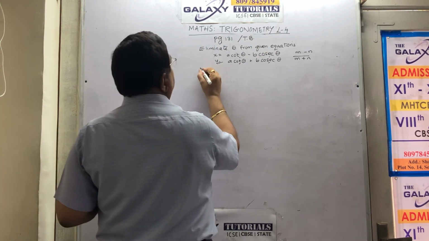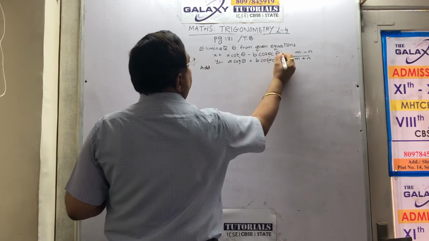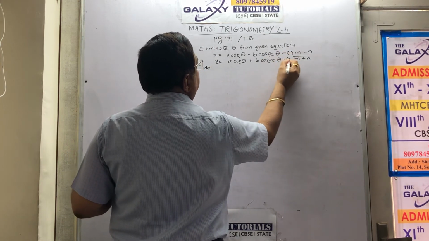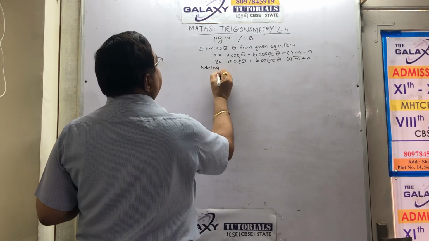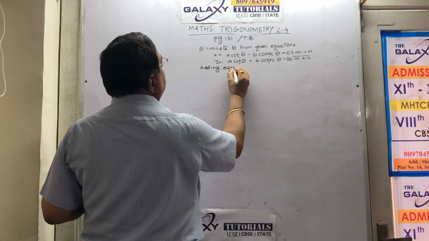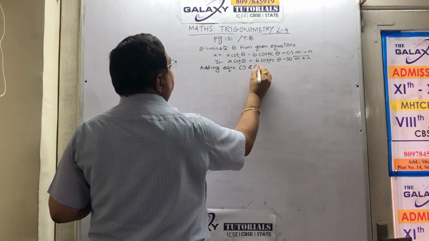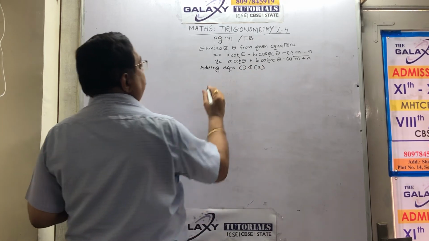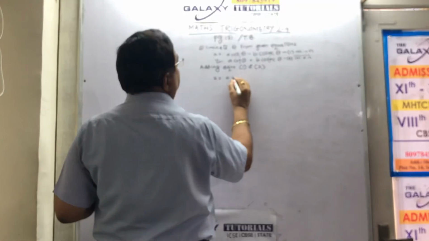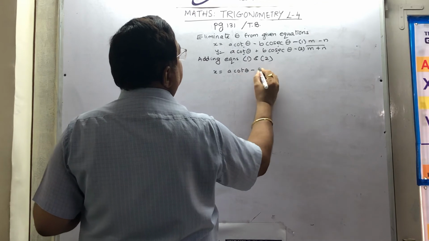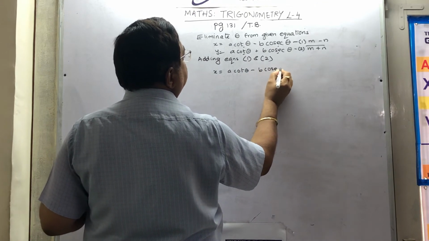So first thing I add equation 1 with equation 2. Adding equations 1 and 2, we add these equations. So I have x is equal to a cot theta minus b cosec theta.